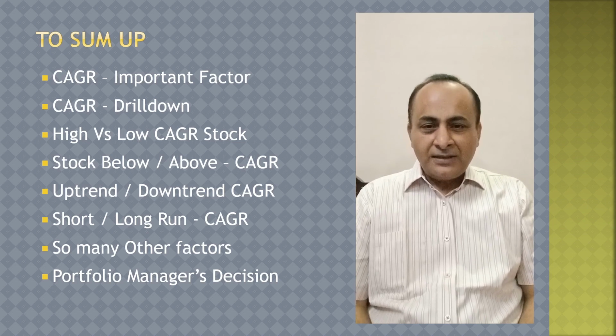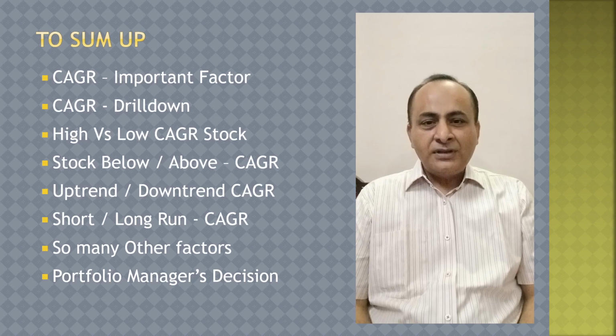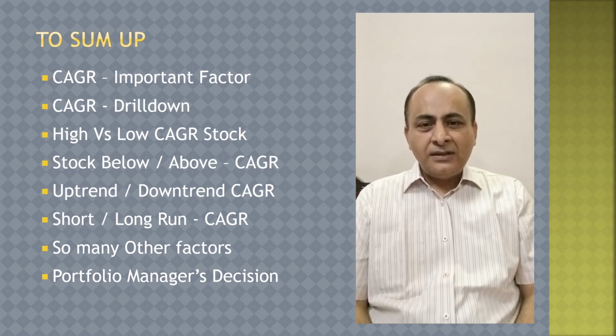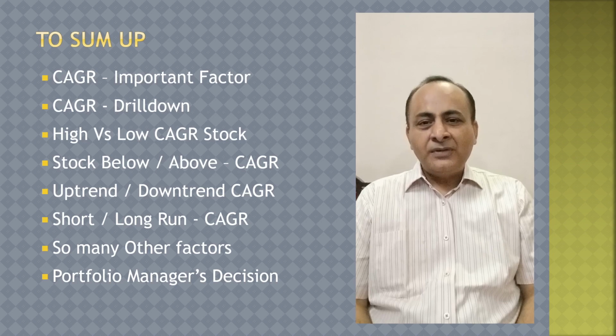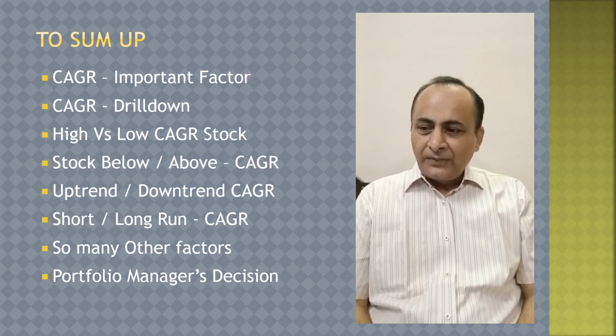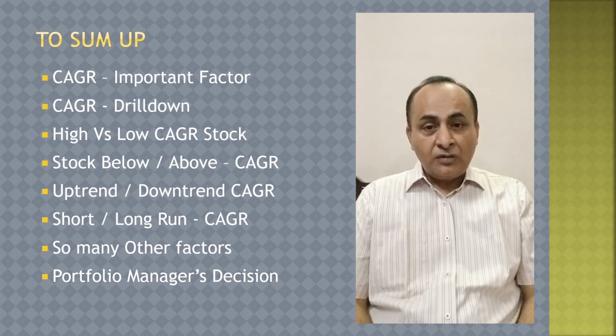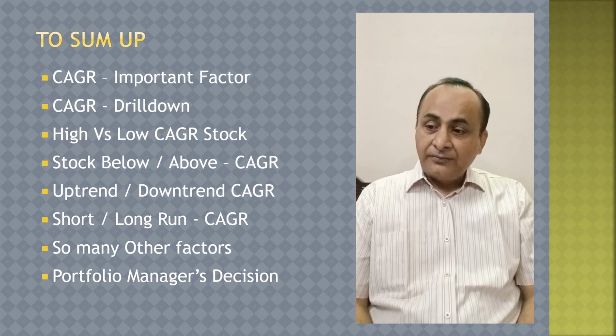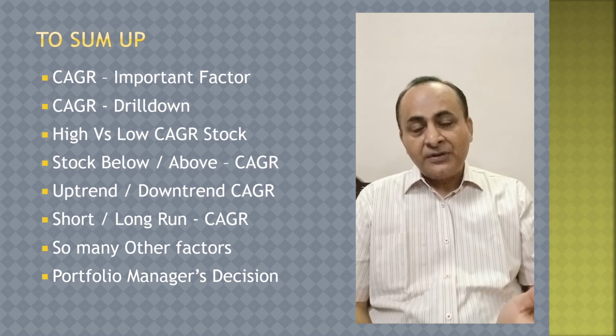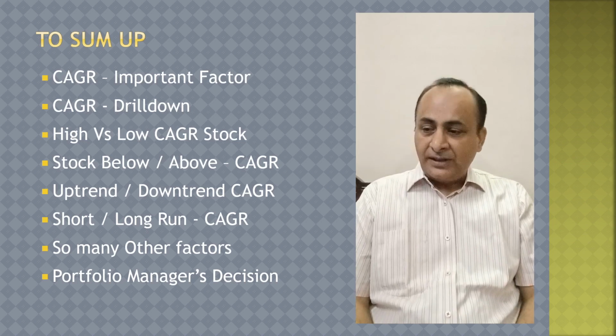If you're buying a high CAGR stock, you are basically following a trend. If you're buying a low CAGR stock, you feel that the same sector stock will catch up with the best performing stock of that sector. You want to buy a stock which is operating below its CAGR, or above its CAGR. You want to buy a CAGR uptrend, or a CAGR downtrend.